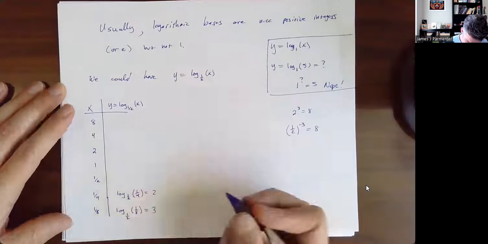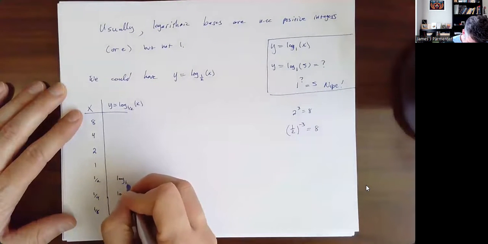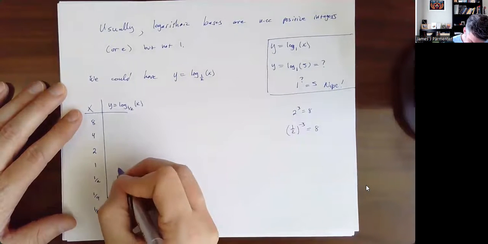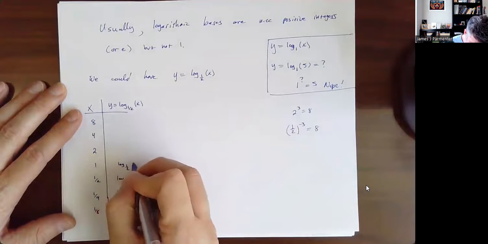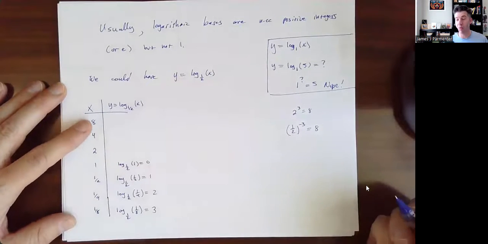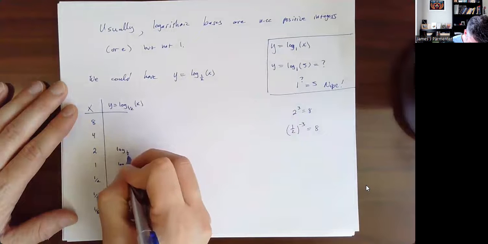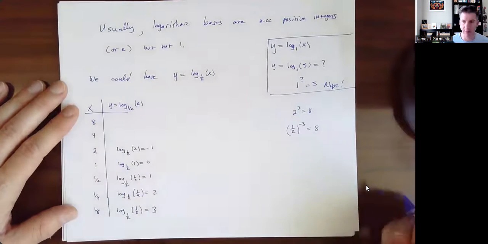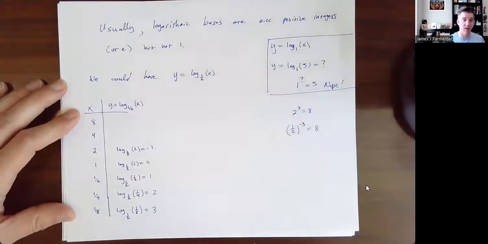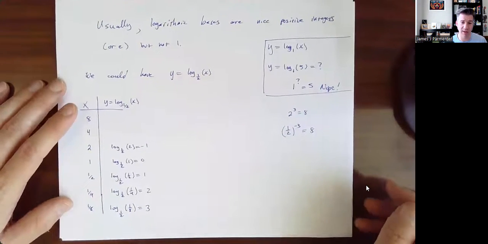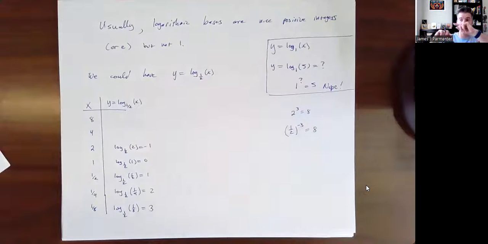1/2 squared is 1/4. Log base 1/2 of 1/2 is 1, because 1/2 to the 1 is 1/2. Log base anything of 1 is always 0, because 1/2 to the 0 is 1. Log base 1/2 of 2 is -1. 1/2 to the -1 power is 2, because it's the reciprocal of 1/2.